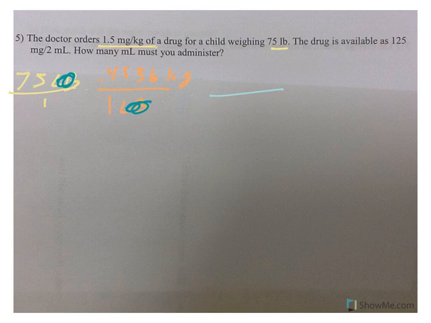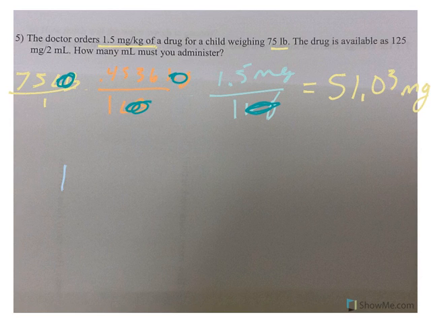So now we can say 1.5 milligrams per kilogram. The kid should get 51.03 milligrams. Okay, so now we can say the drug is available 125 milligrams per 2 milliliters.